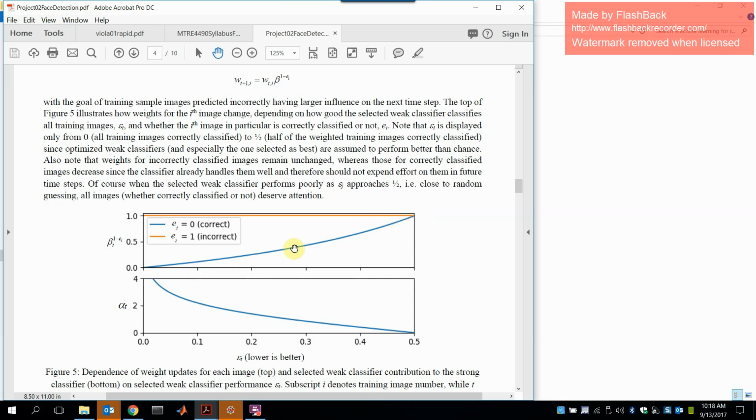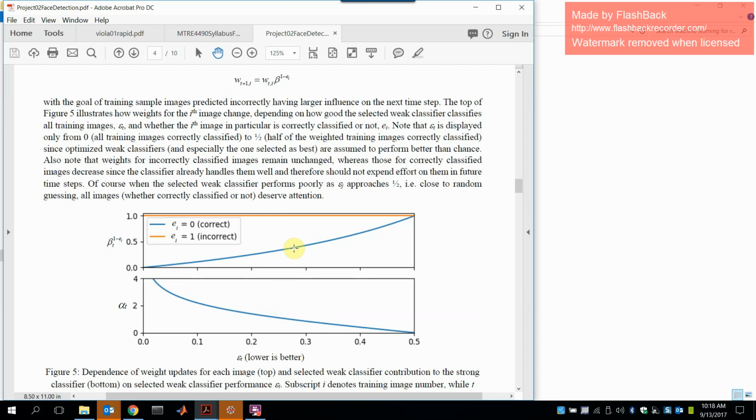Okay? So the better that classifier is, the more its correct images decrease in weight. So if I have a very good classifier, all the correct images have their weights reduced a lot, and all the incorrects stay the same. Okay? So intuitively, it makes sense. Whatever you got right, you de-emphasize.